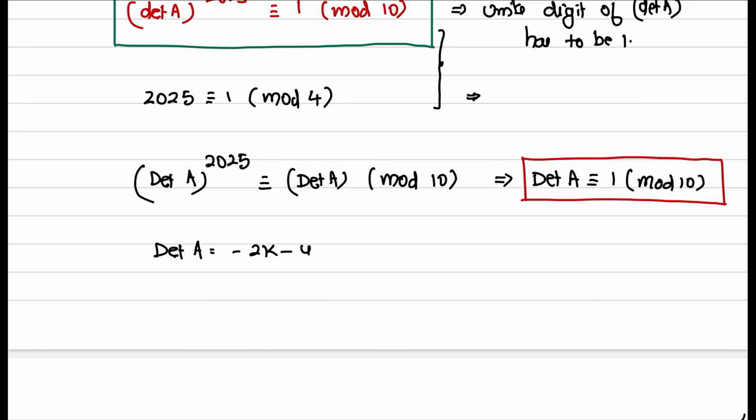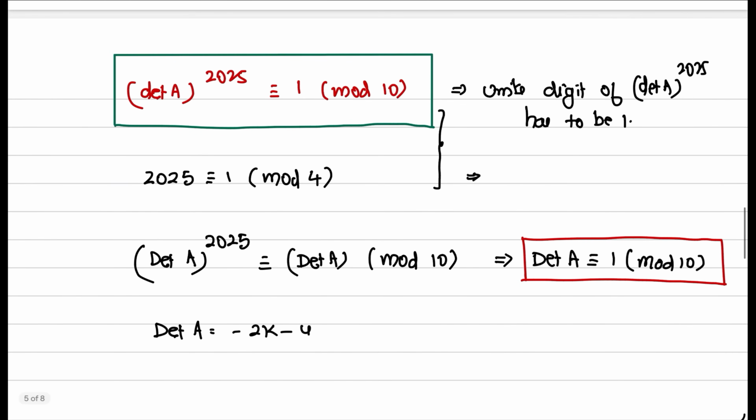If determinant of A is not 1 mod 10, these particular conditions will not be fulfilled. The units digit of determinant A to the power of 2025 has to be 1. That cannot be 1 until and unless determinant A is equivalent to 1 mod 10.